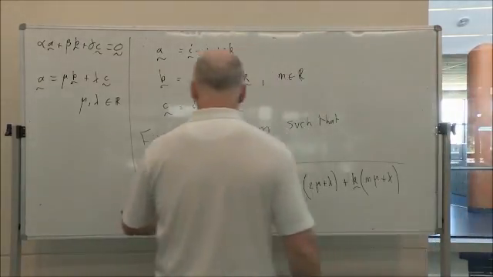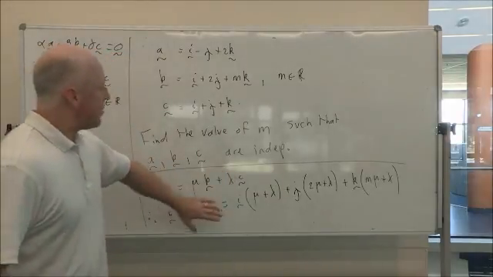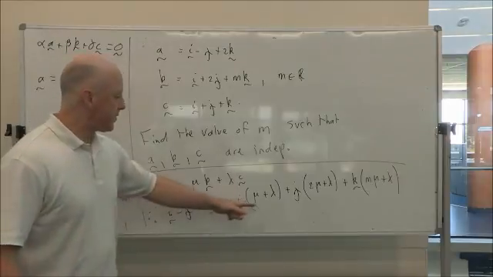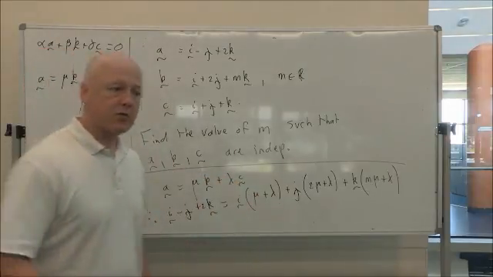So all I've done is put the vectors a, b and c into here. This side I've expanded all out and grouped the components together, and that's what I end up with. And you can check that and you'll see that I'm right.